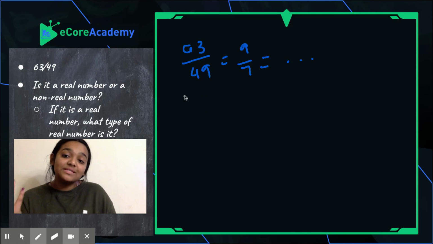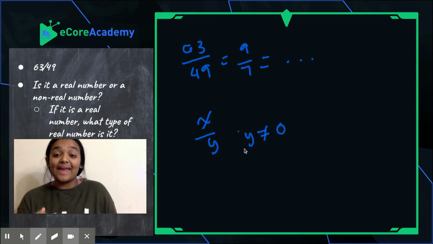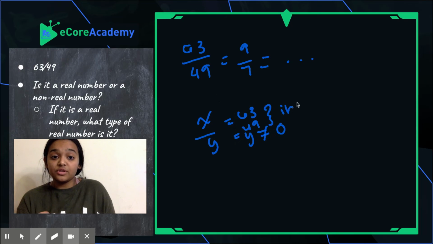But if you remember, the difference between an irrational number and a rational number is that a rational number can be expressed in the form x over y, where y does not equal 0, and x and y are both integers. X is equal to 63 in this case, and y is equal to 49. Both of them are integers.